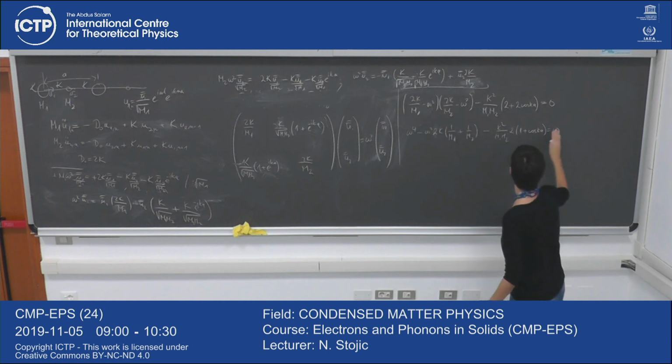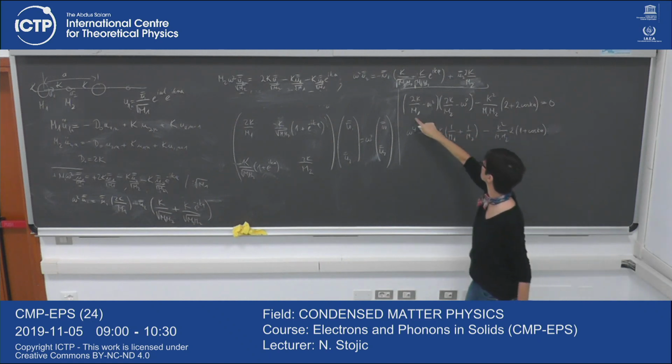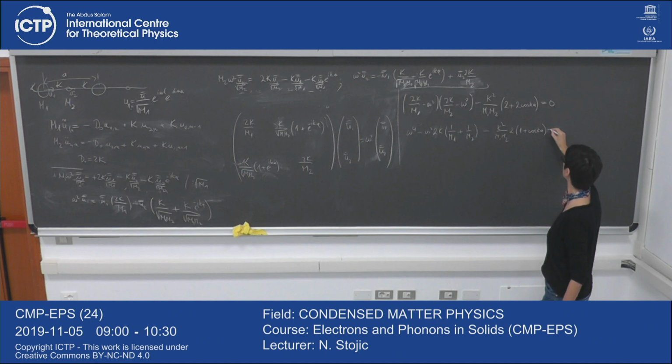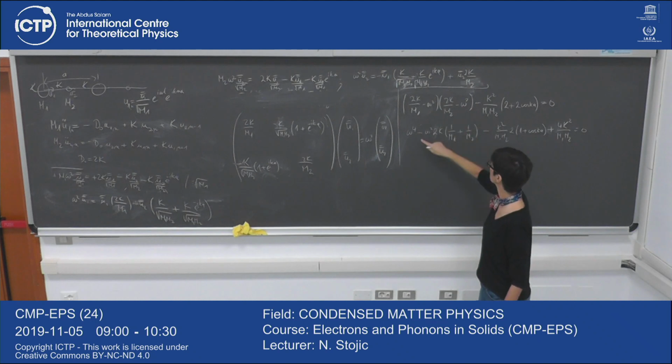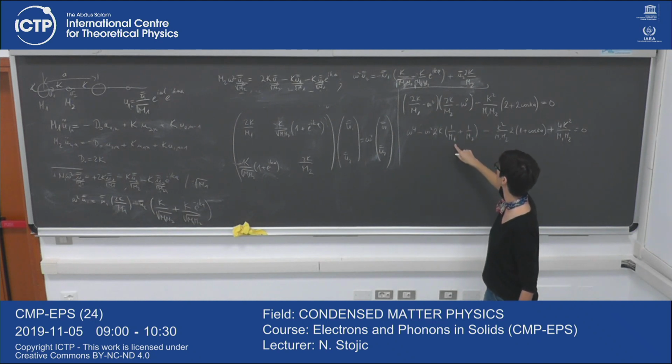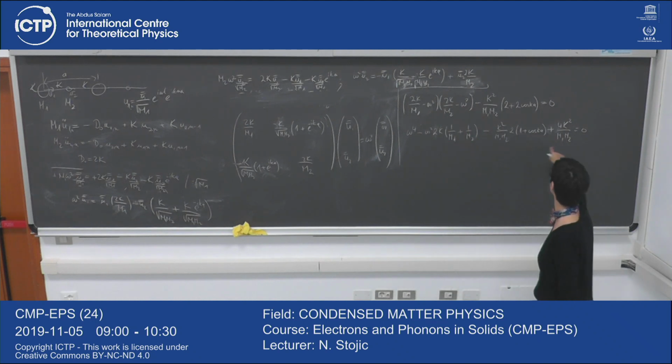There is a part when you multiply this times this, plus 4k squared, and 1 and 2. So this is this, minus this 2, plus this, and then this.